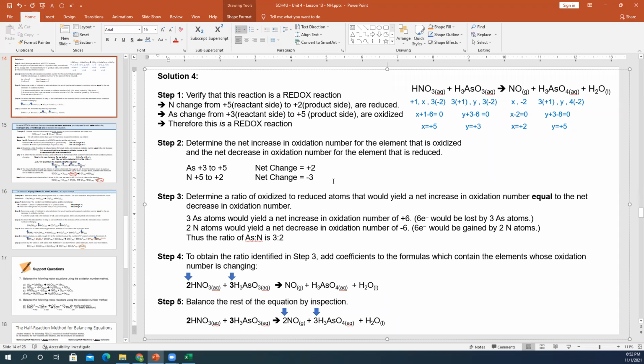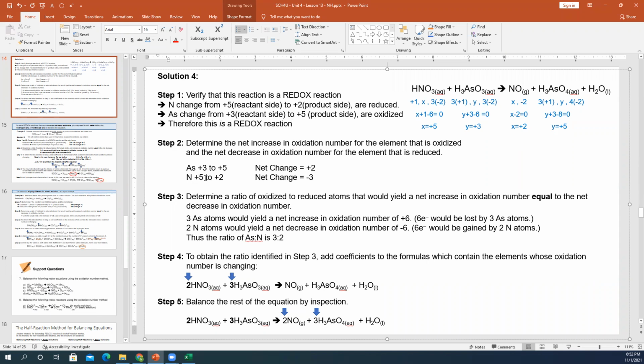So for AS, it's from +3 to +5, and that is a net change of +2, because from 3 to 5 it's +2.